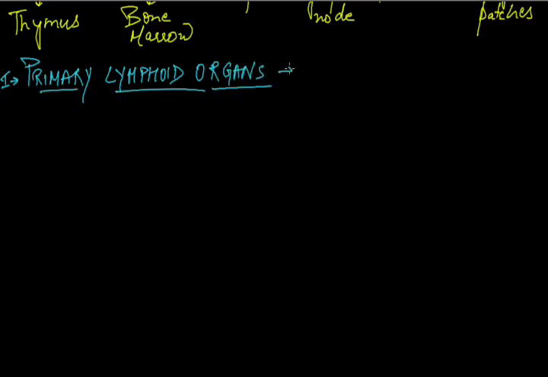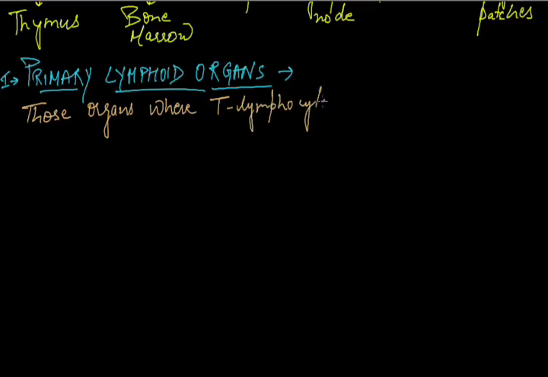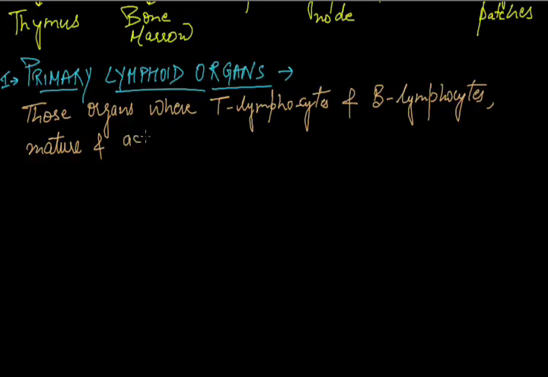Primary lymphoid organs are those organs where T lymphocytes and B lymphocytes mature and acquire their antigen specific receptor.